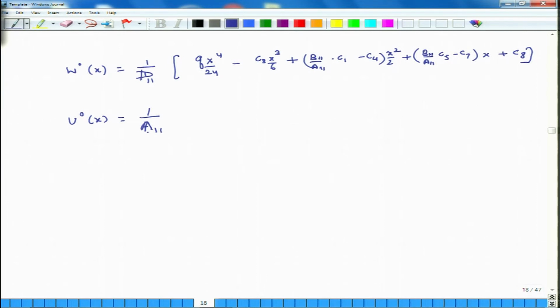Again, this is a different a, it is not like our regular a, and this times b11 over d11 q x³ over 6 minus b11 over d11 c3 x² over 2 plus c1 minus b11 over d11 c4 x plus c5 minus b11 over d11 c7.